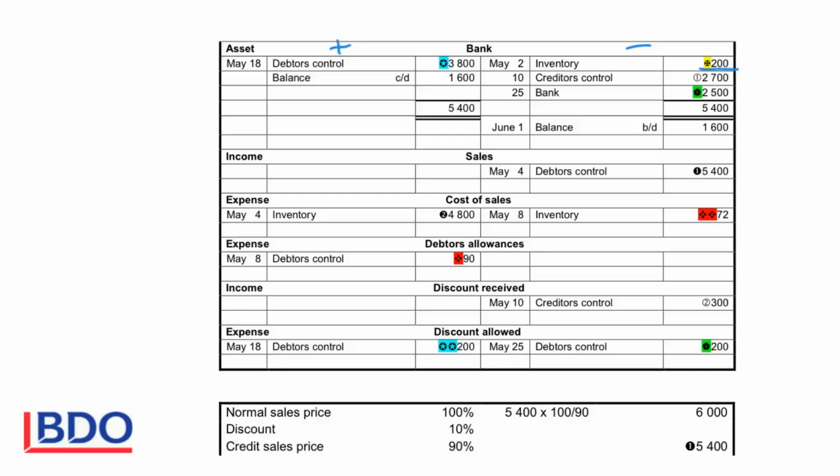The sales account will be credited with 5,400. Sales is the income that increases on the credit side and decrease on the debit side. The account that was debited was your debtors control account. We will now calculate the cost price of this good so that we can complete the second double entry.